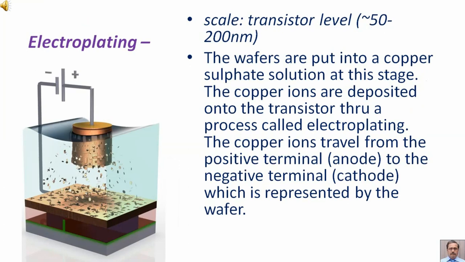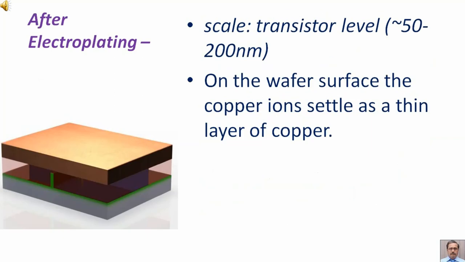The copper ions travel from the positive terminal anode to the negative terminal cathode, which is represented by the wafer. After electroplating, on the wafer surface, the copper ions settle as a thin layer of copper.